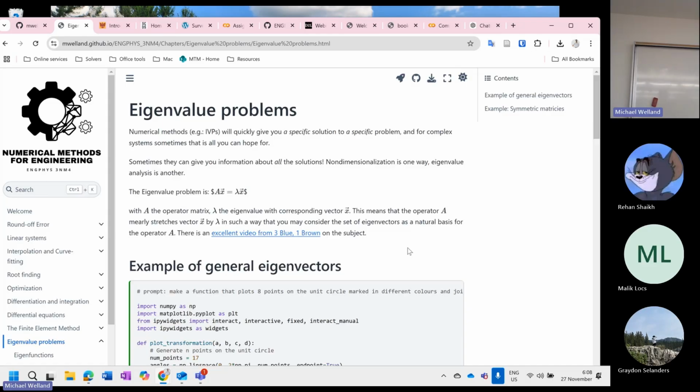For example, technically your frequency is an eigenvalue of a lot of these operators. That's why Fourier transforms work, right? It's very useful for that. It tells you about what's going on in your problem.